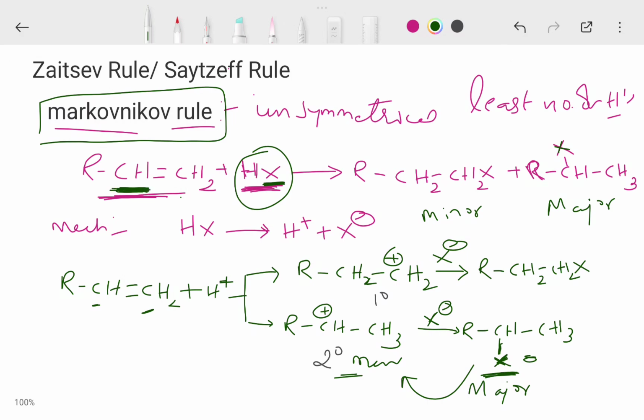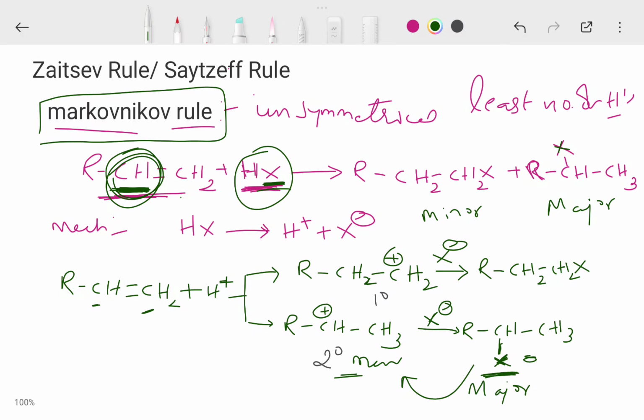According to Markovnikov rule, unsymmetrical olefins react with a reagent. The negative part of the reagent is added to the carbon atom of the double bond which bears the least number of hydrogen atoms. This is Markovnikov rule.